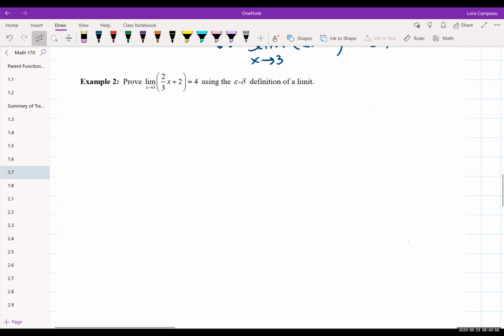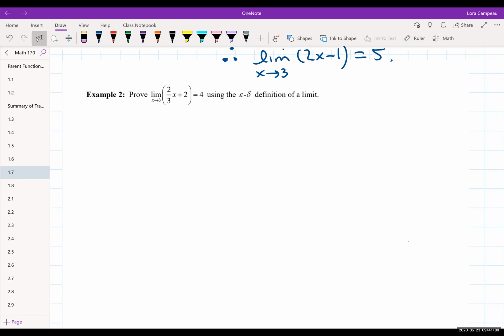Sometimes I write a little larger on the tablet than I do in my regular writing, but let me see if I can make it like I would do on paper normally. So they want us to prove the limit as x approaches 3 of the function 2/3 x plus 2 is 4. Again, using the epsilon delta definition of a limit.